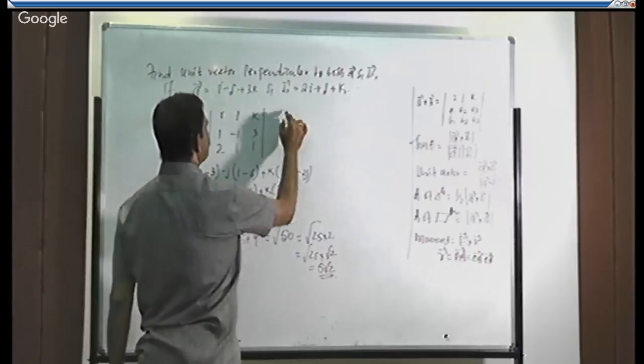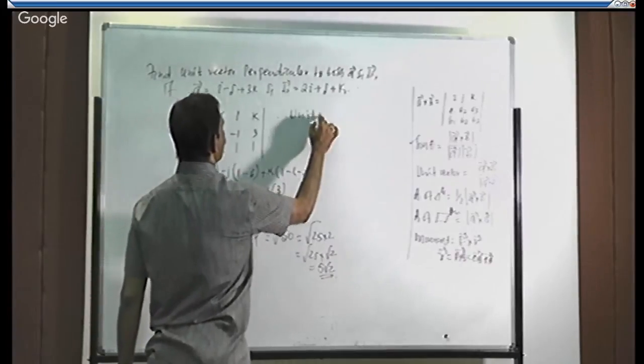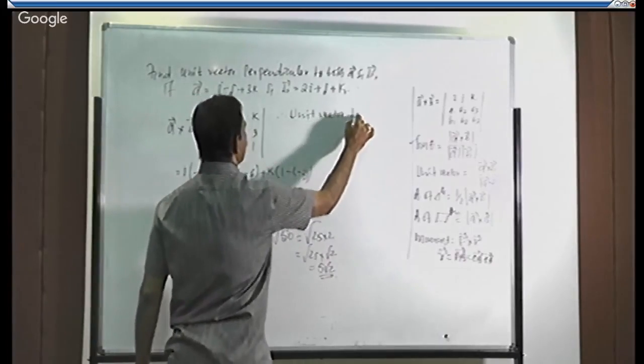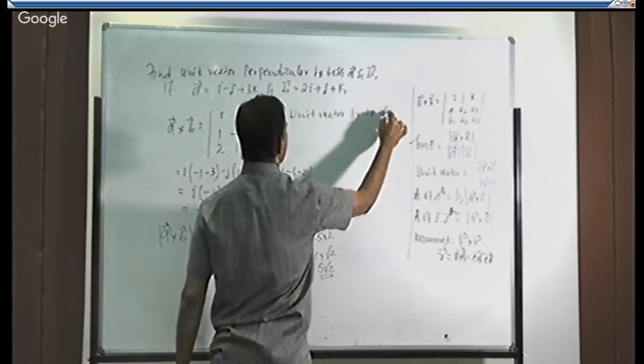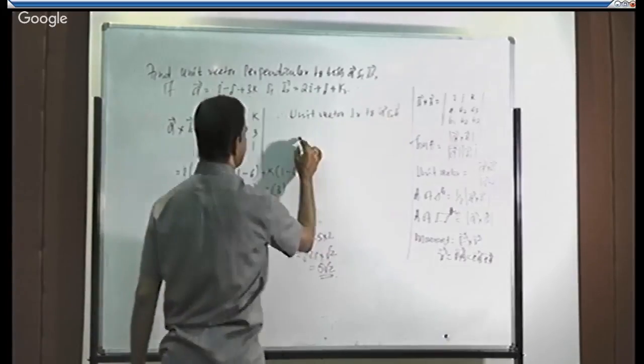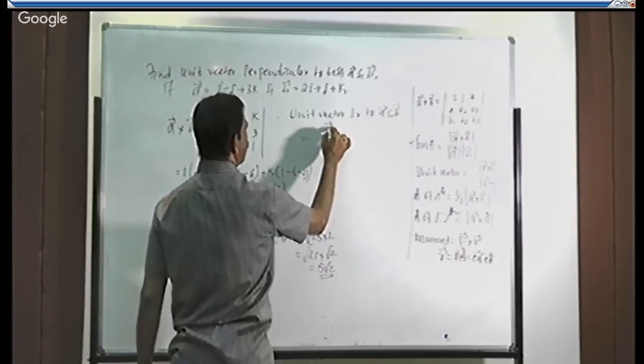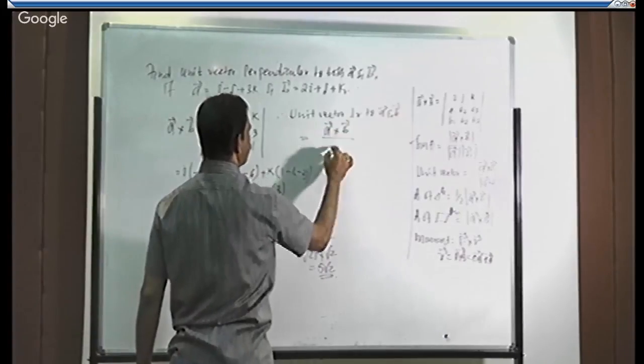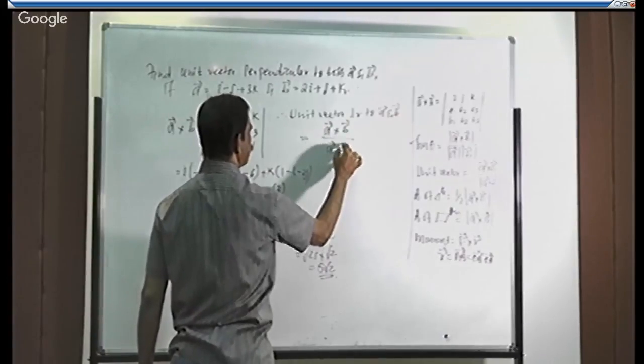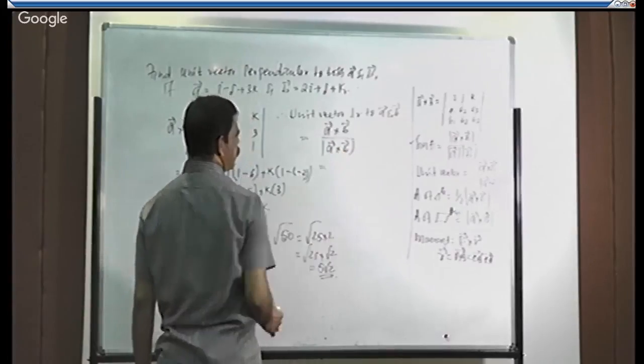Therefore, unit vector perpendicular to A and B is given by vector A cross B divided by magnitude of A cross B. So what is vector A cross B?